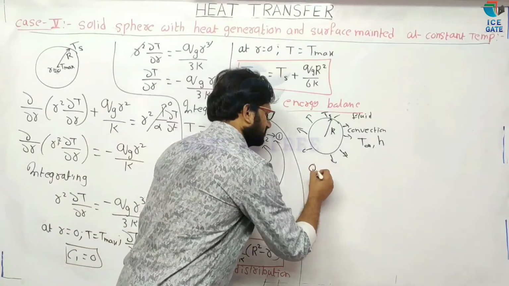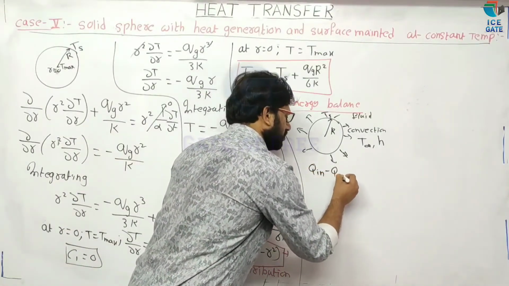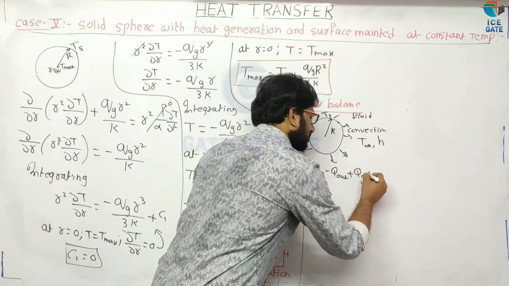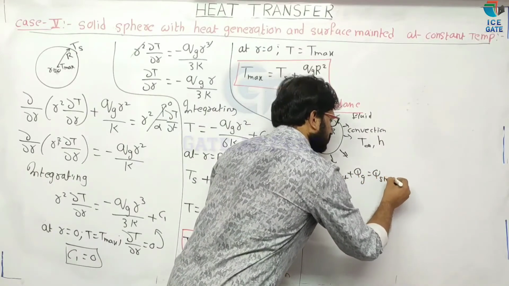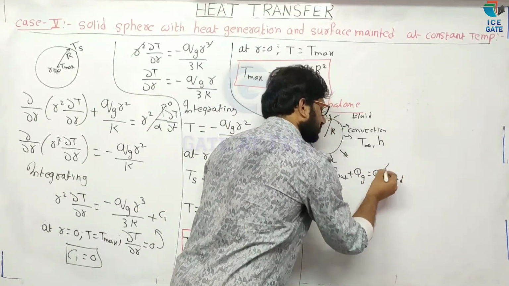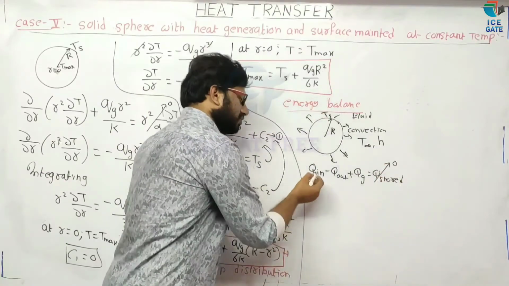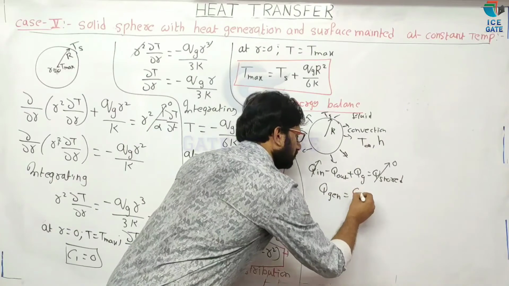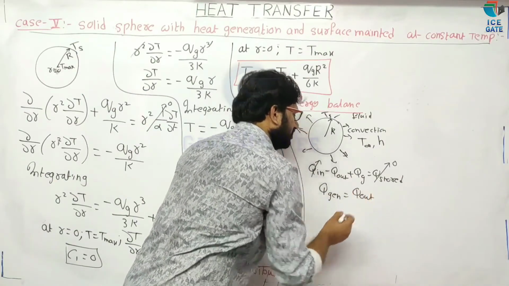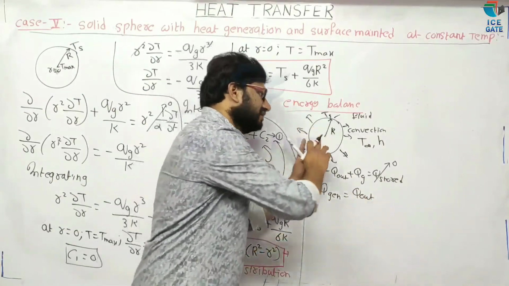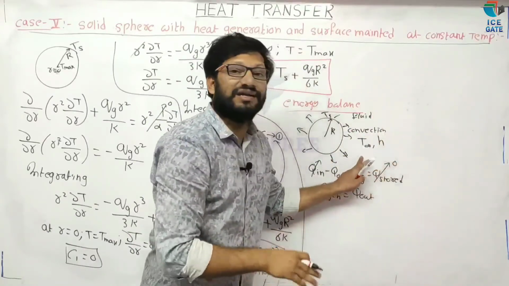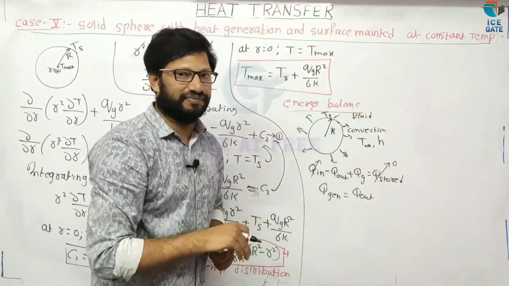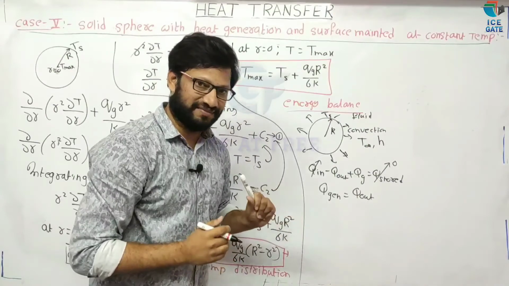Now from energy balance, Q in minus Q out plus Qg is equal to Q stored. As it is steady state, Q stored equal to 0. There is no heat input. Therefore, heat generation is equal to heat output. The rate of heat generation in the sphere is equal to the rate of heat convected to the fluid medium. That's the meaning of this equation.